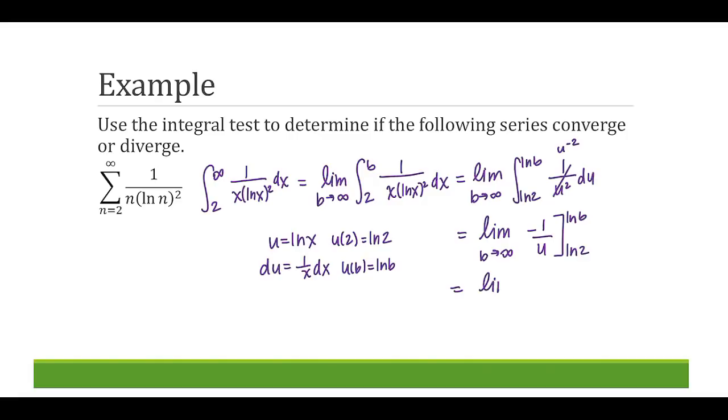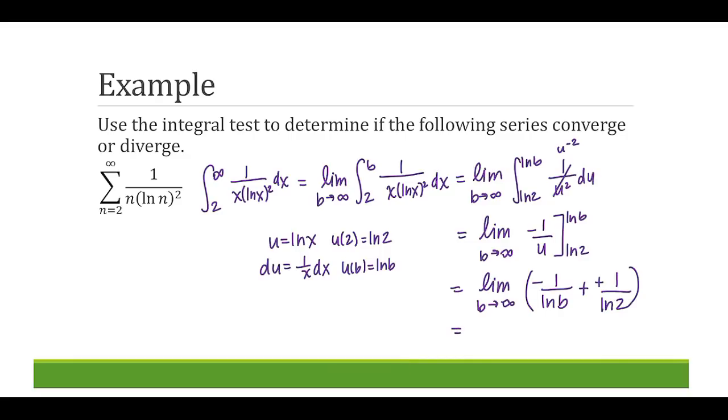So now I'm at the limit as b approaches infinity of negative 1 over natural log b minus negative 1 over natural log 2. So here these become pluses, and as b approaches infinity, negative 1 over ln b, well, ln b goes to infinity, so that goes to 0, and then I have 1 over ln 2 left.